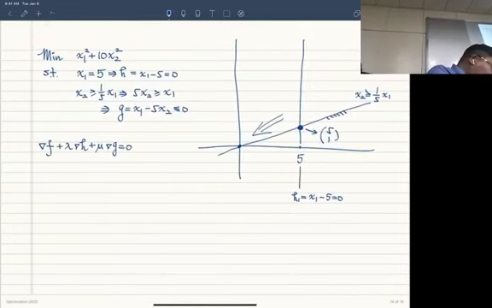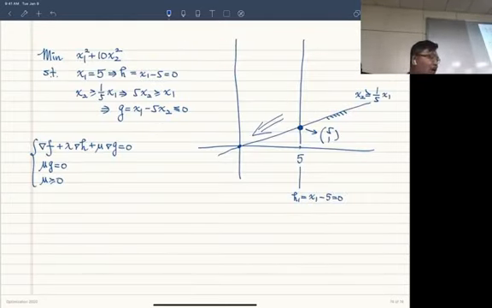And mu g needs to be 0, and mu has to be positive.